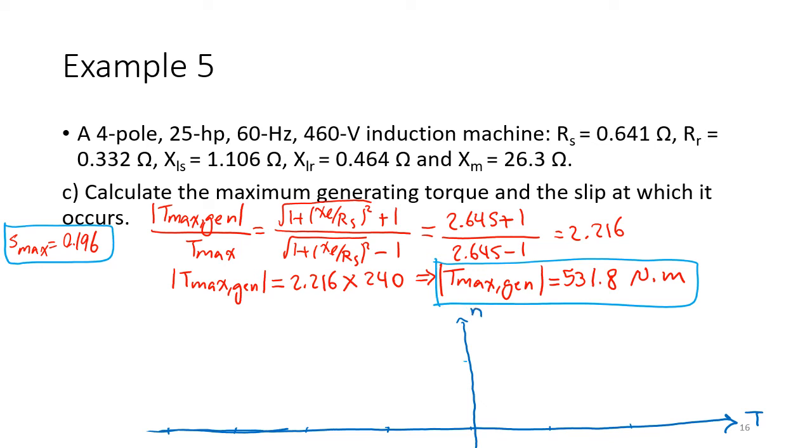Here we have 1800, the synchronous speed. The T max happens at 1447, and here at 2153. Here we have 240, T max of motor mode.